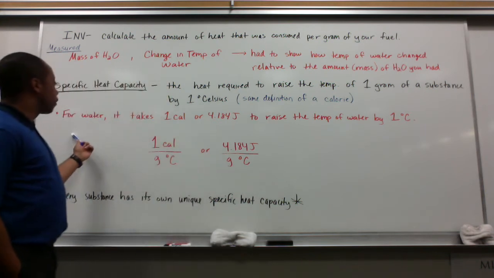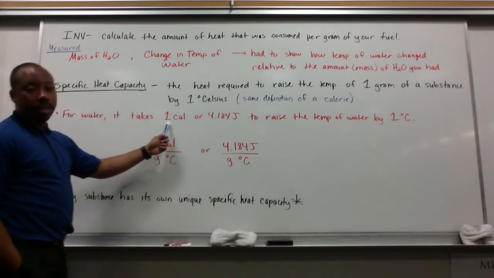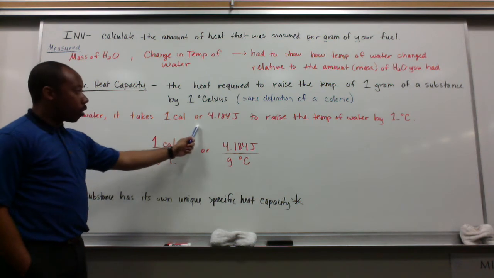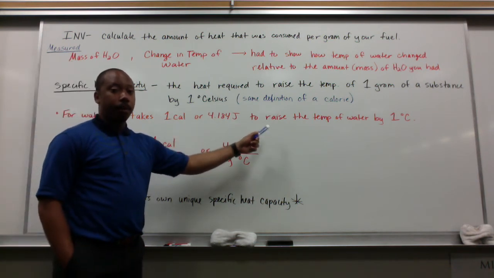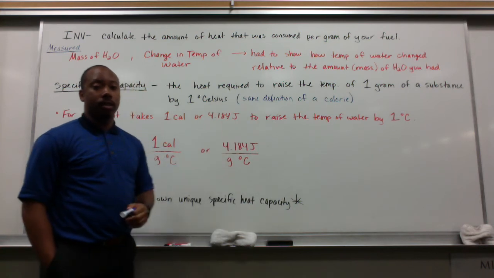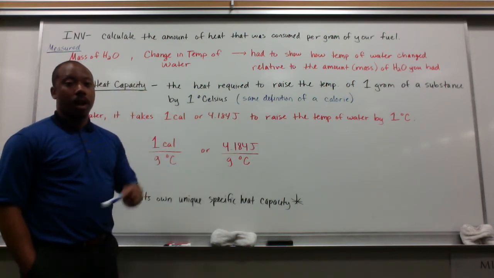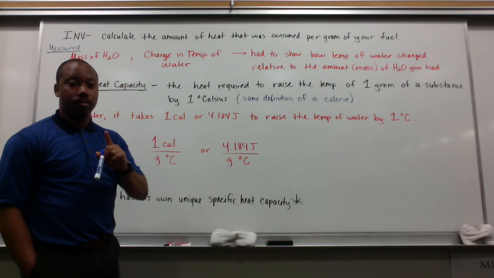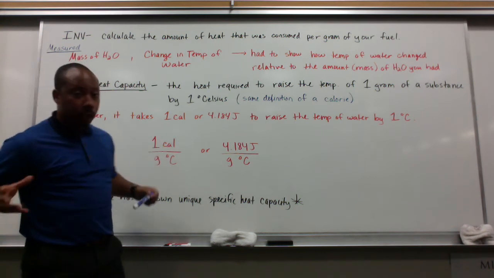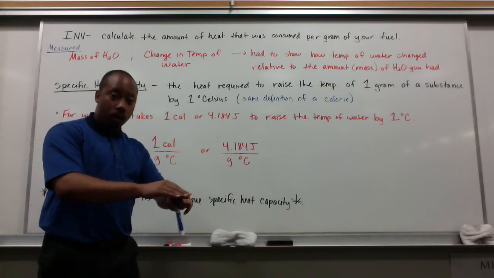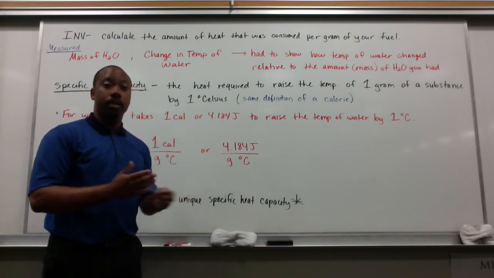So for water, it takes 1 calorie, or 4.184 joules of energy to raise the temperature of water by 1 degree Celsius. So if I have 1 gram of water, I need to put in 1 calorie of energy to raise that water's temperature by 1 degree Celsius.